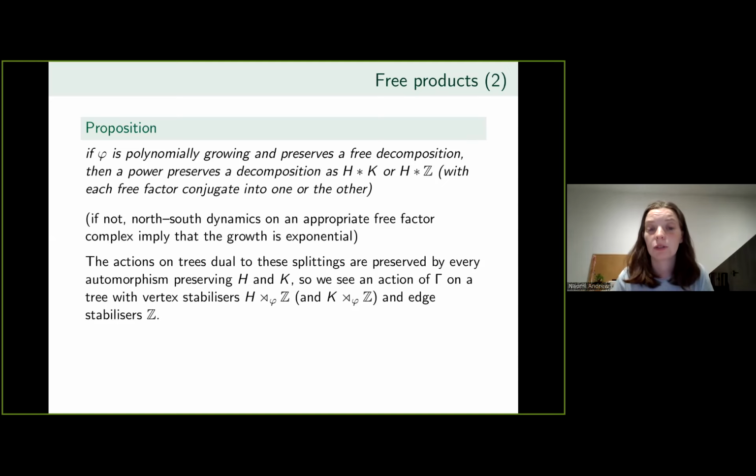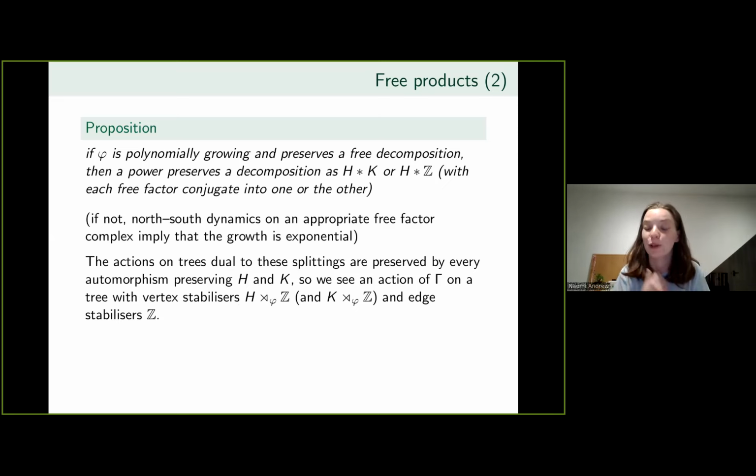So we look at the actions on trees dual to these splittings, and because they're much simpler, these are actually preserved by every automorphism preserving H and K, and that means that we get an action of gamma, the mapping torus, on a tree with vertex stabilizers that again look like mapping tori. I'm playing a bit fast and loose with what phi is doing.